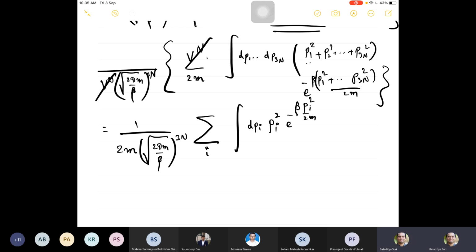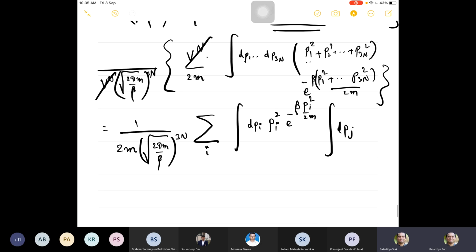And then there will be a product of all other integrals dpj, j not equal to i, e to the power of minus beta pj squared by 2m, and this is the one that is summed over. Each term in the summation will have a structure like this.